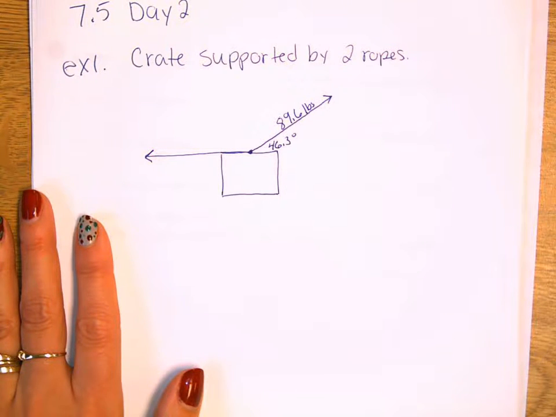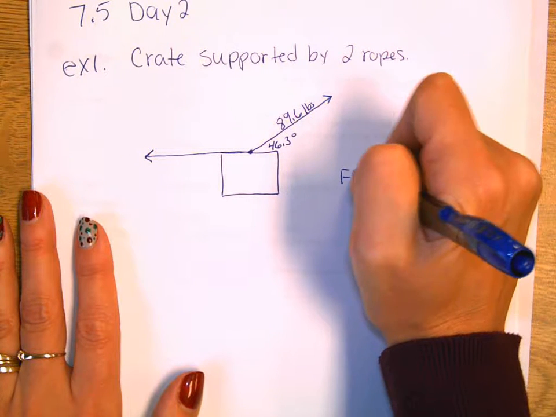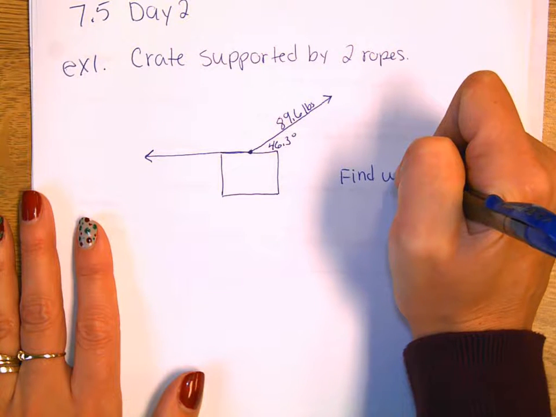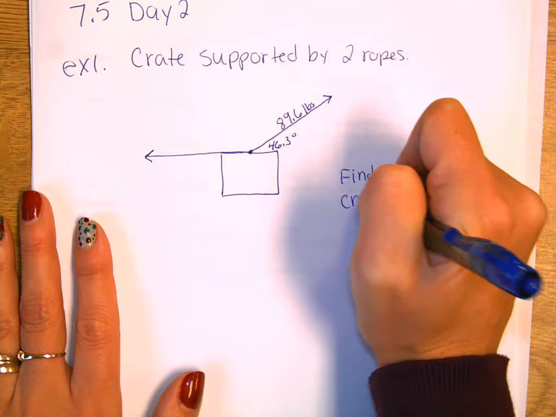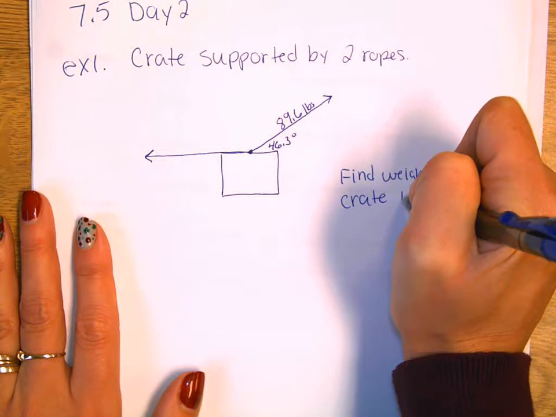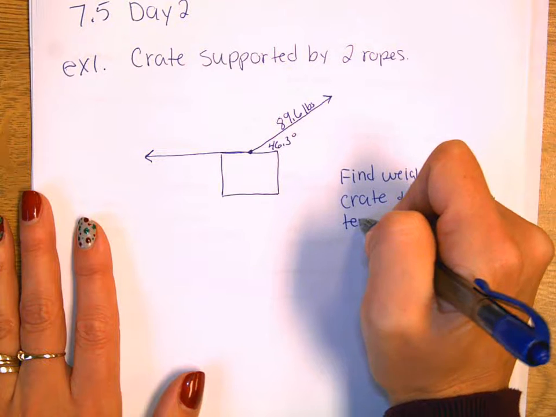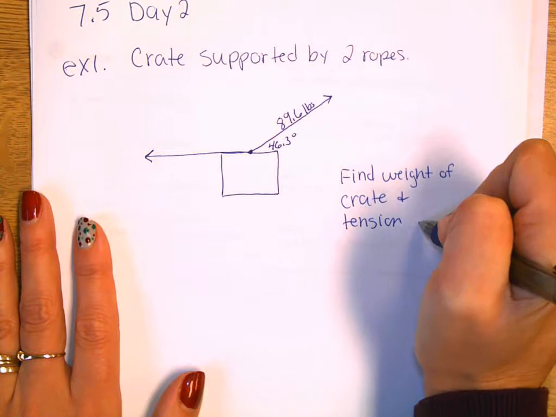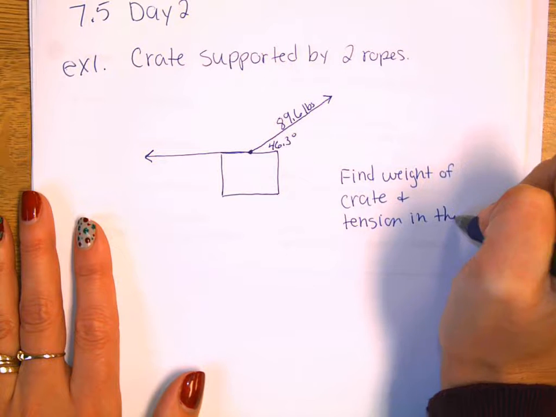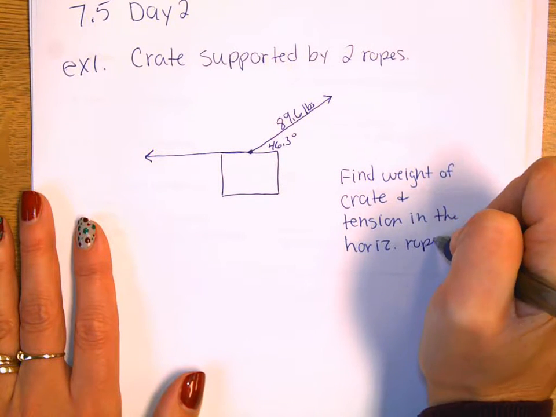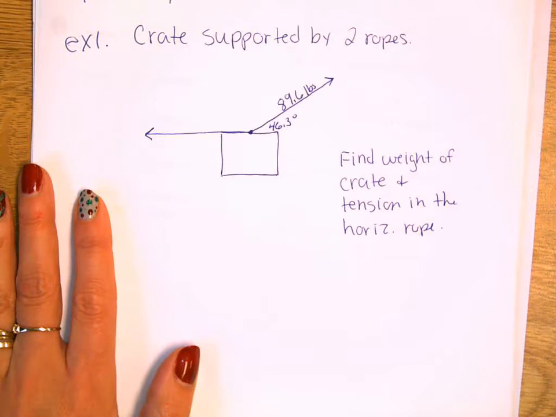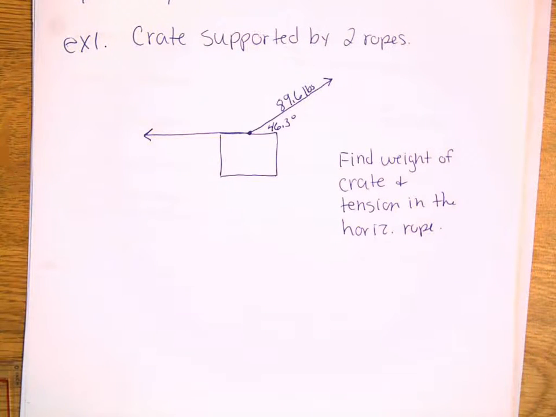Find the weight of the crate and the tension in the horizontal rope. Okay, so there's our picture.